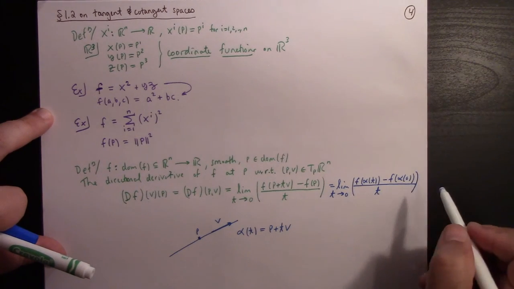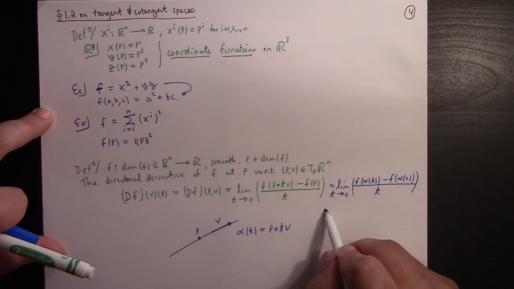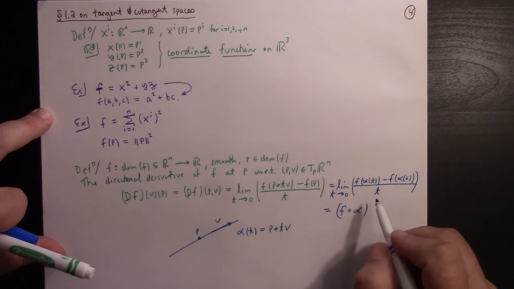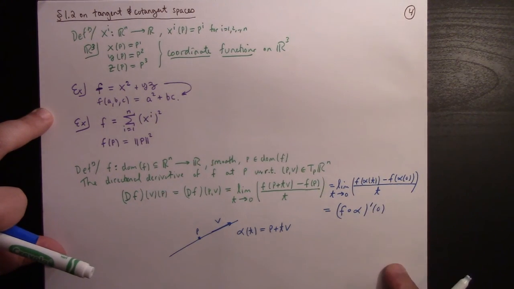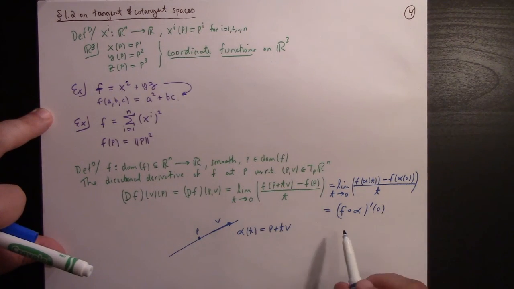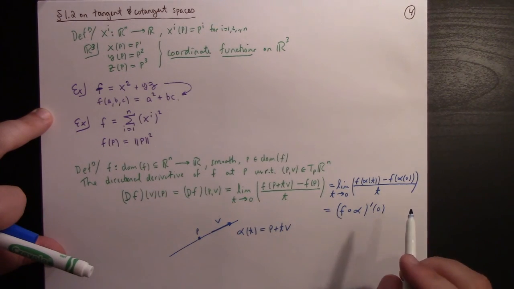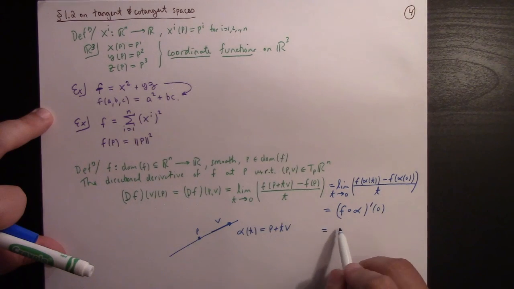At which point you go like, wait a minute, that's nothing more than what? Well, that's exactly the derivative of the composite of f and alpha at 0. All right? But hey, we can use the chain rule and rewrite that. Well, what is that? That's just the sum, assuming f is smooth, right?